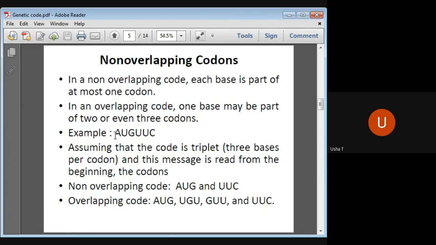Okay, so what we are saying is the genetic code is non-overlapping. The first codon is AUG and the second codon is UUC. This is about non-overlapping codons.